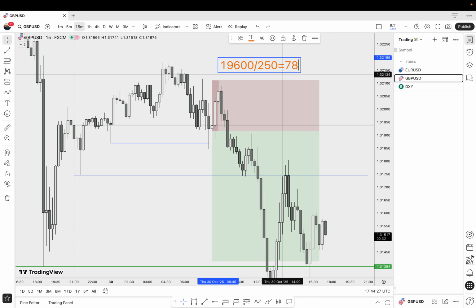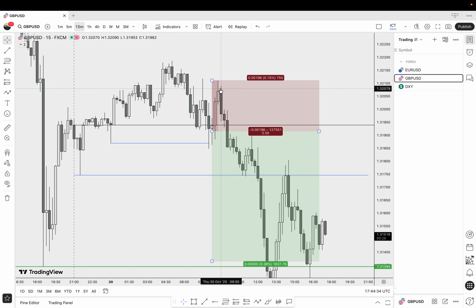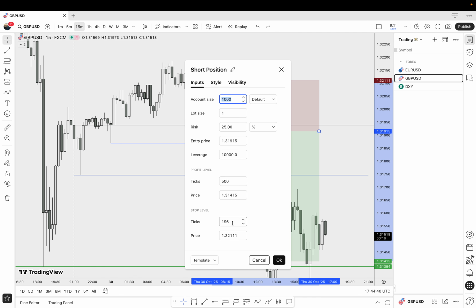So this trade was 78% into my stop, and this helps me see, with winning trades, how much on average they are going into my stop, and that's why the stop was there.